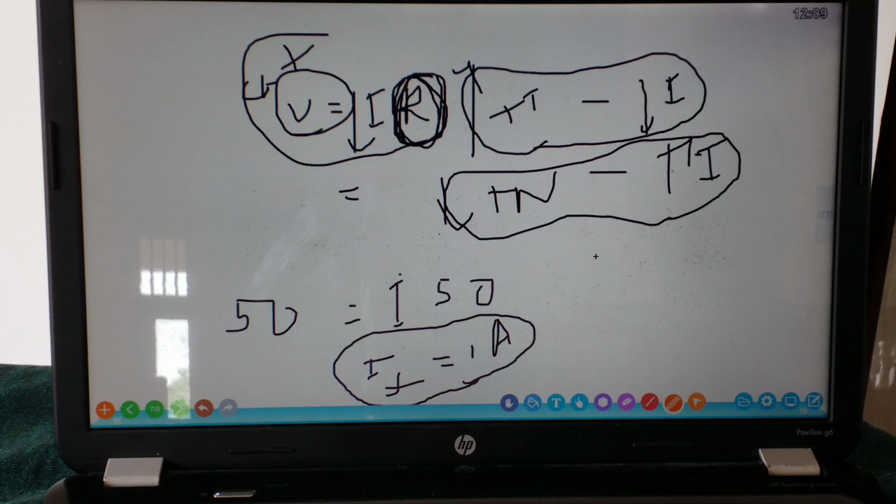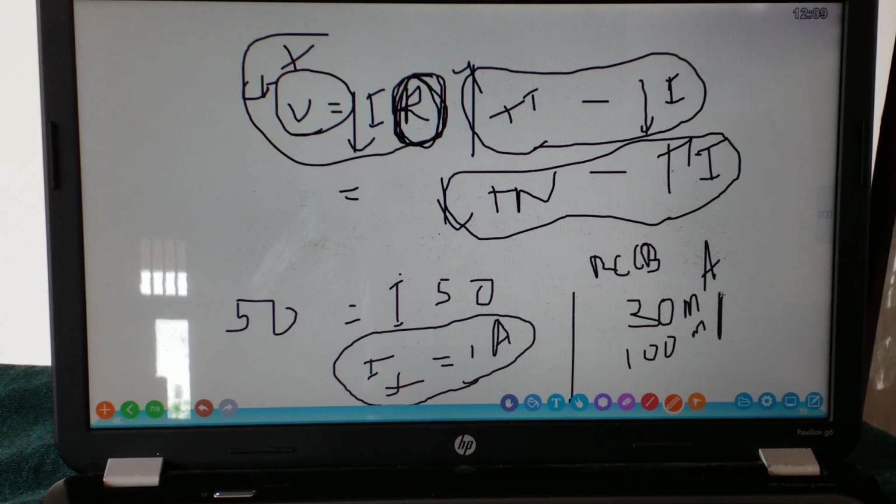Then what do I have with my RCCB? What are the ratings? 30 milliamp, 100 milliamp and 300 milliamp. Those are the ratings. The system will definitely trip if the RCCB works before it rises up to 50.